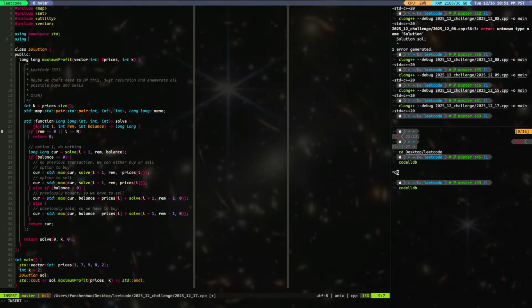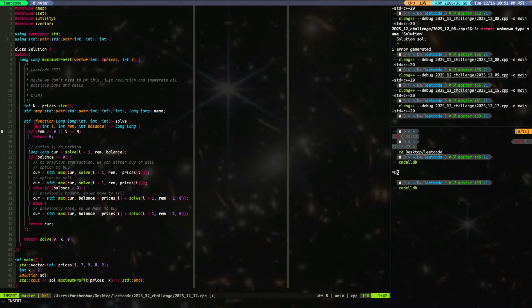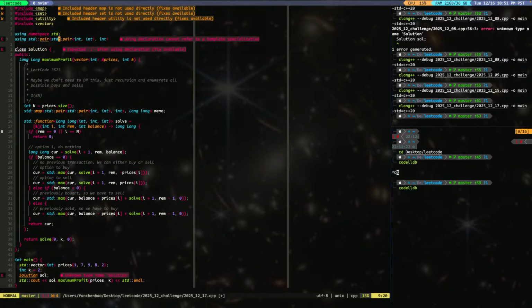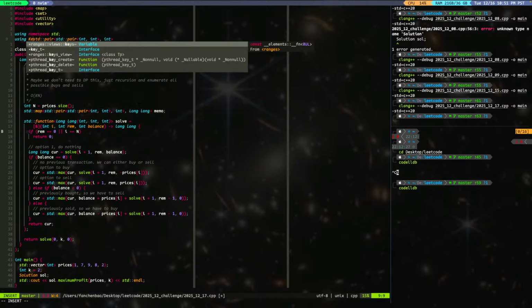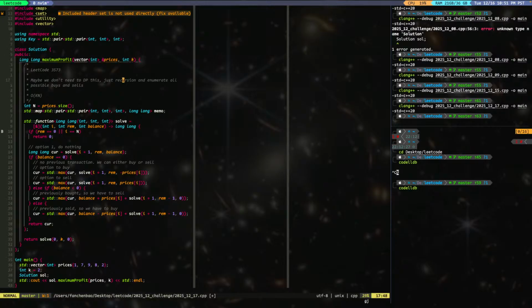Using std pair int equal to, wait, using key equal to this. Okay, so I can just say here, so map is gonna be key to this.